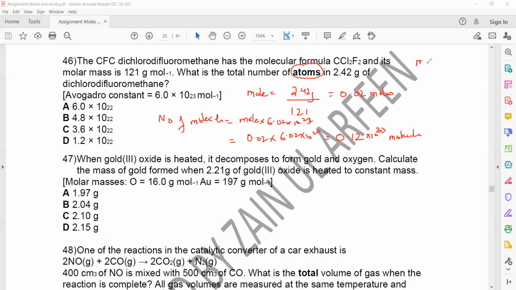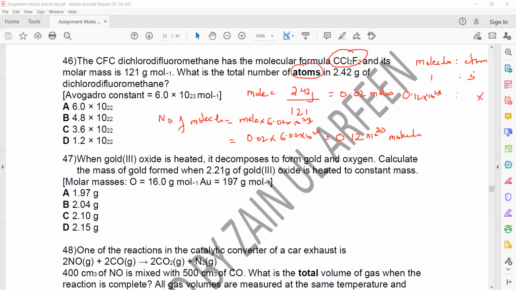So we have to take a ratio after getting the molecules. So we'll take a ratio between molecule and atom. So one molecule of CCl2F2 contains how many atoms? 5 atoms are there. So ratio is 1 is to 5. So if we have 0.12 into 10 power 23 molecules, how many atoms will be there? X. So we'll multiply it by 5.